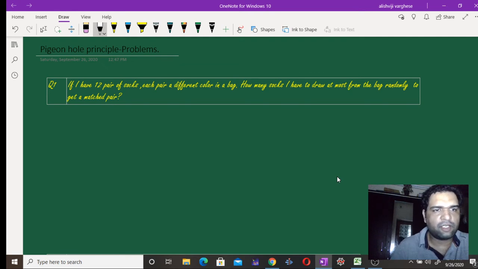So here, the first one: if I have 12 pairs of socks, each pair a different color, in a bag, how many socks do I have to draw at least from the bag randomly to get a matched pair? It's not a question of probability. This randomly does not imply any probabilistic method here.